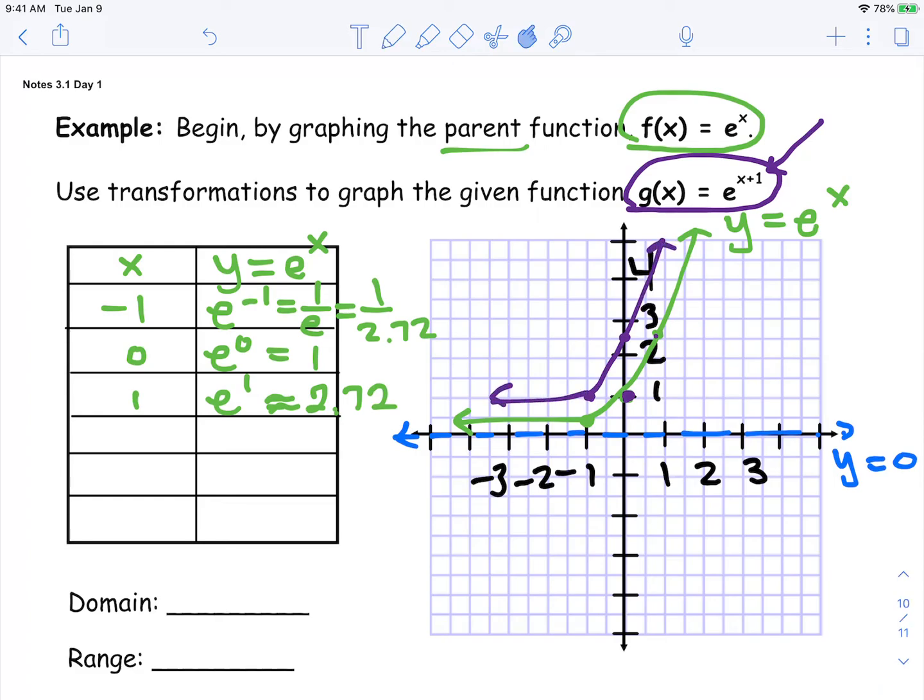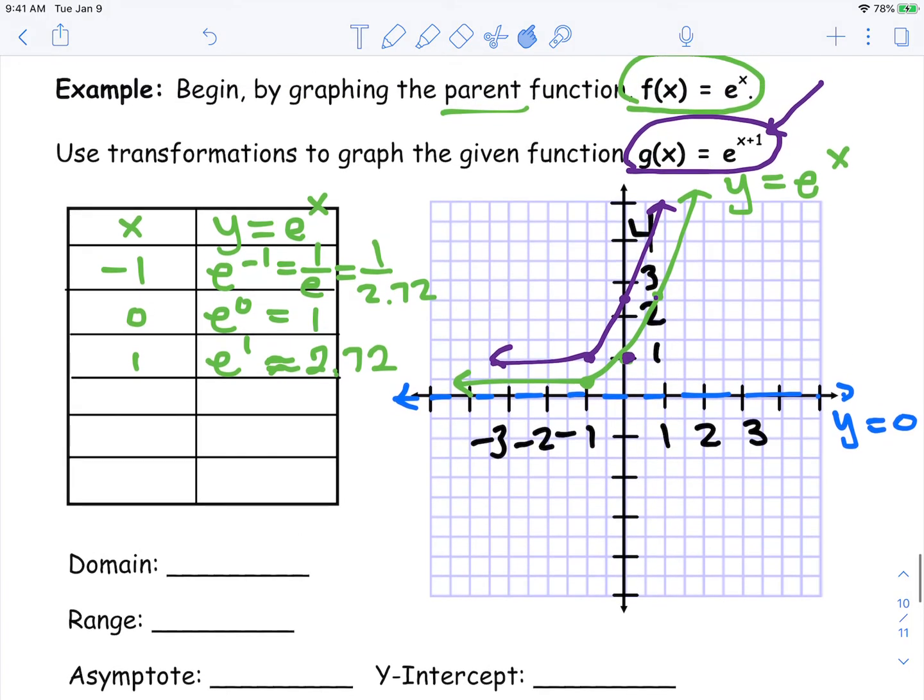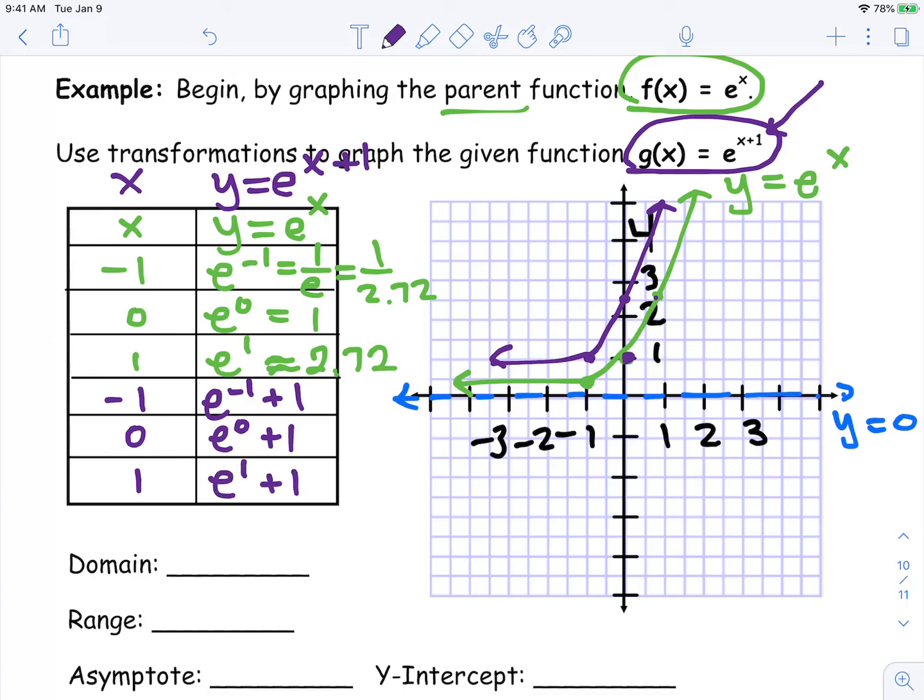Your other way to do this, and we've talked about this in a previous video, is to just evaluate the function. So I'm going to write this in purple. Y equals e to the x plus 1. And we'll use those same three numbers, -1, 0, and 1. So we're substituting -1 into the purple function. So e to the -1 plus 1, e to the 0 plus 1, e to the 1 plus 1.